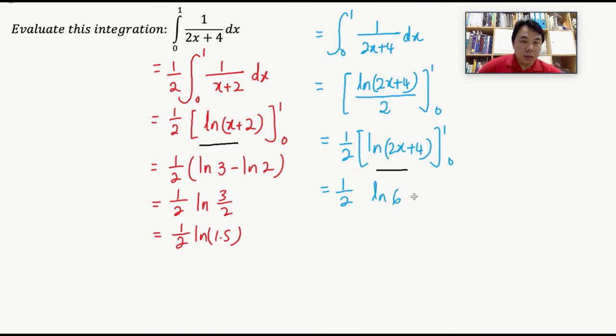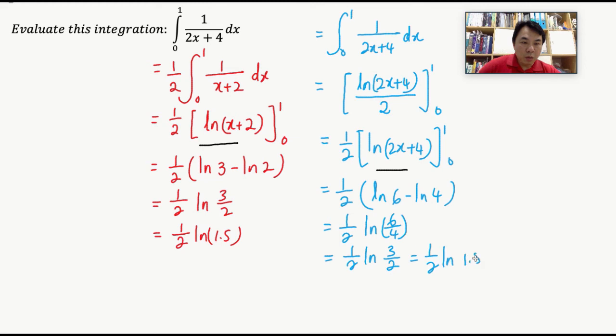So that will be a ln 6 minus a ln 4 here, and then that is a half ln 6 over 4, and then that is indirectly a half ln 3 over 2, or in this case 1.5 there. To our surprise, they are exactly the same, right?